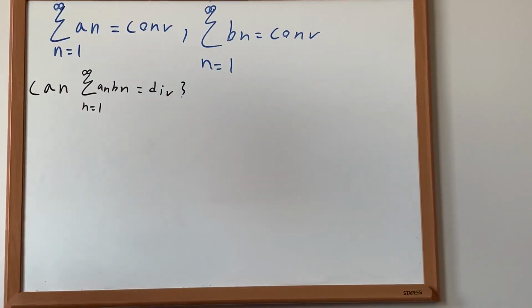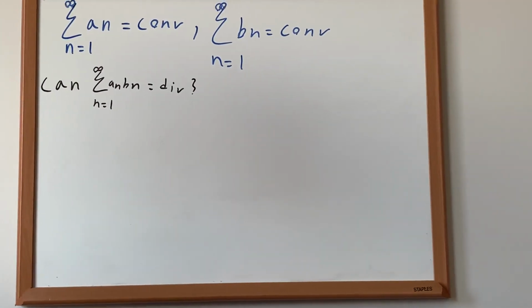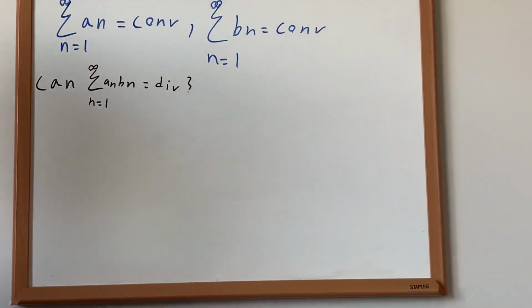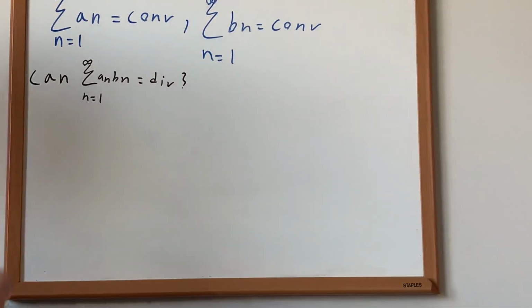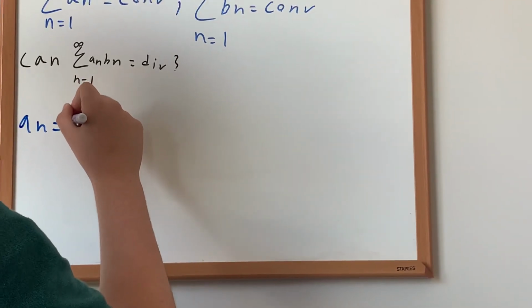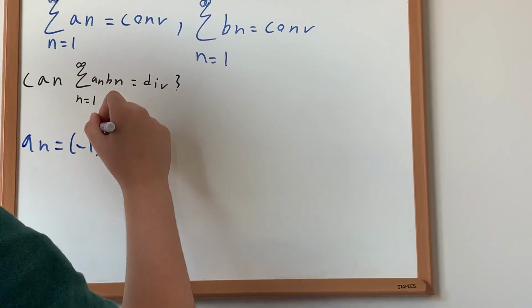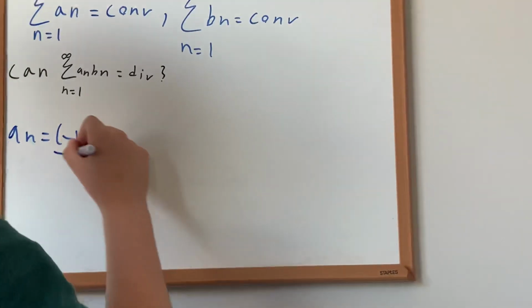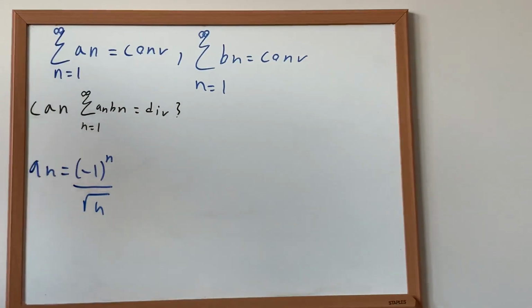So first, we should give an example of a series an that can converge. The prime example can be an equal to negative 1 to the power of n over square root of n, which converges by the alternating series test.